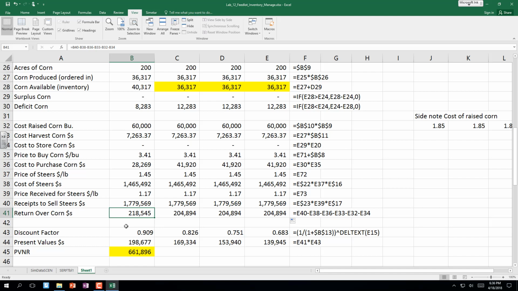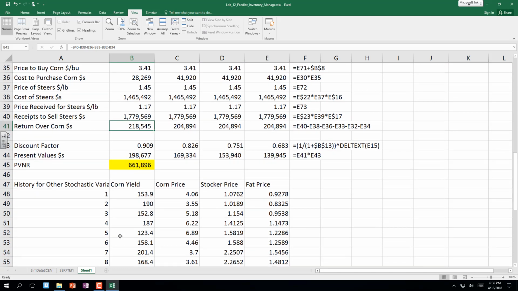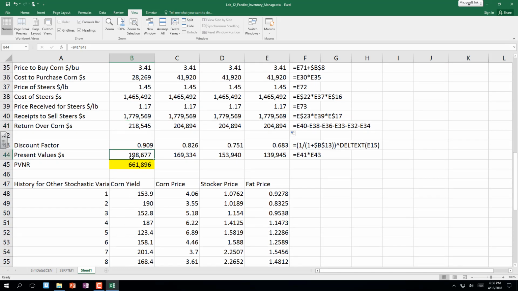So just run that out there and put it in feedlot. It's a good idea. Okay, we've got 4 years worth of this, and I needed to get it down to one variable, so I just took the present value of these net returns above the cost of corn. Okay, so save that.